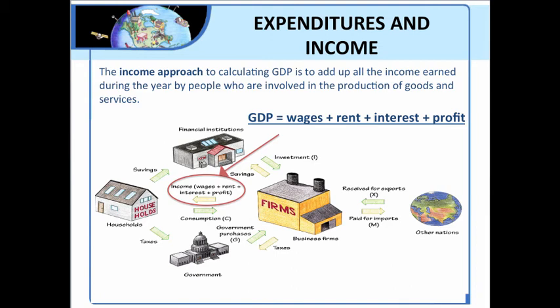And profit is paid for entrepreneurship. And so we add that up to calculate GDP. Economists often summarize the income approach with the formula GDP equals wages plus rent plus interest plus profit. Later in this chapter, you'll see that the equality of a country's GDP and its total income can help explain why economies sometimes experience serious downturns.